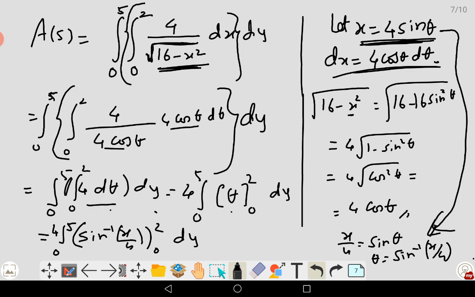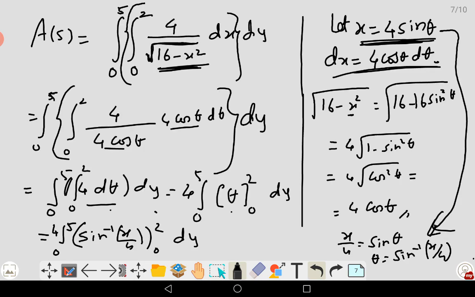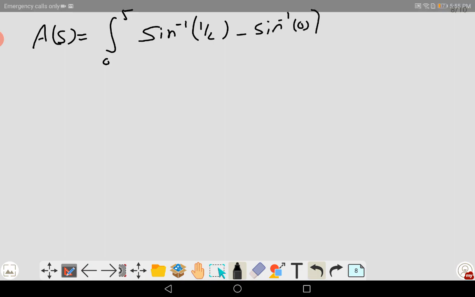Now it's time to apply the upper and lower limit. Substitute the upper limit x equal to 2 over 4: sin inverse 1 by 2 minus sin inverse 0.